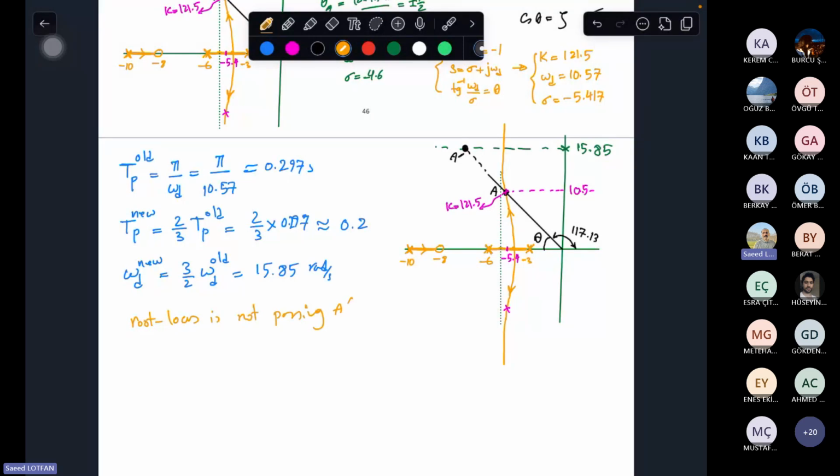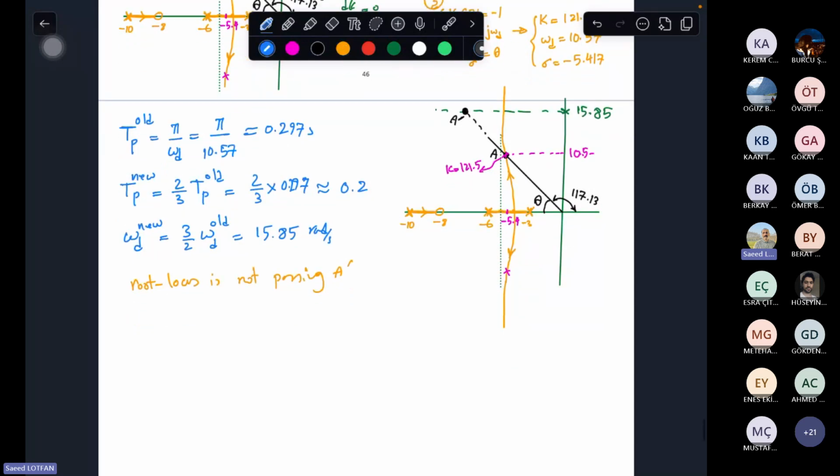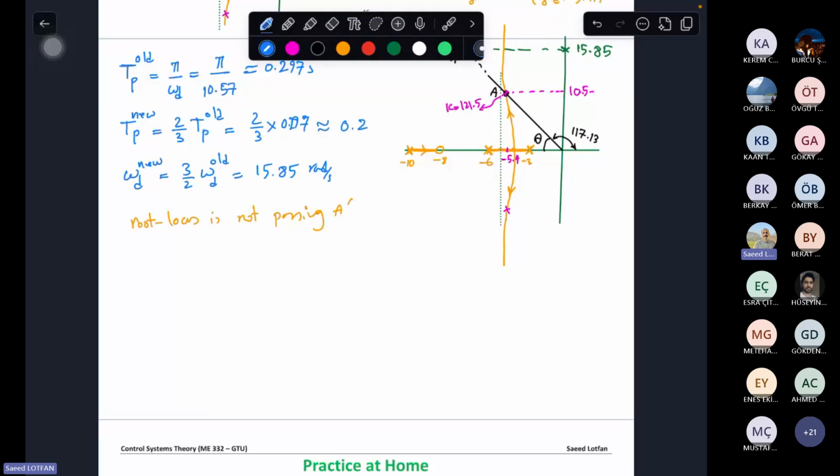So I have to add some zeros and poles to the system so that I pass through that point. So this part is important.